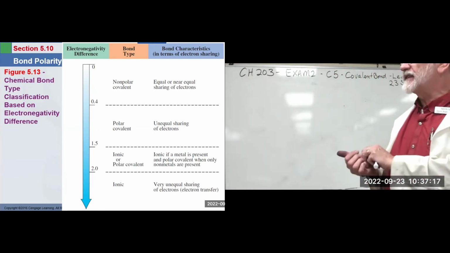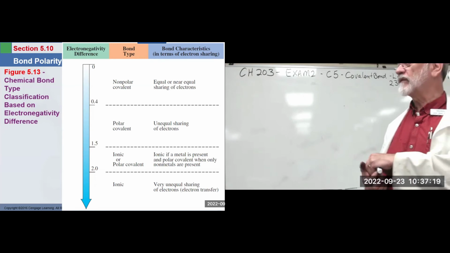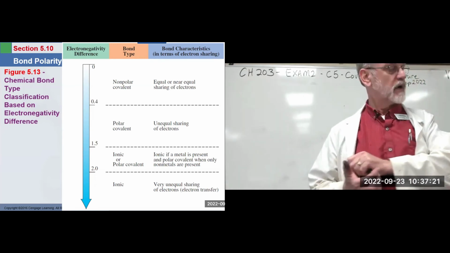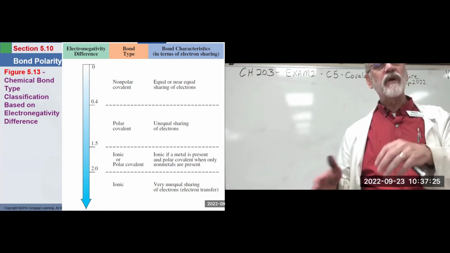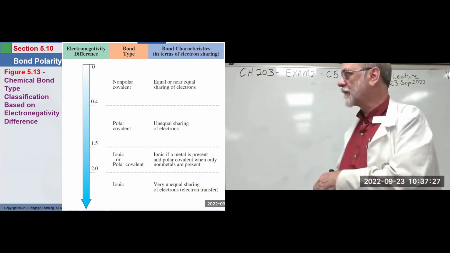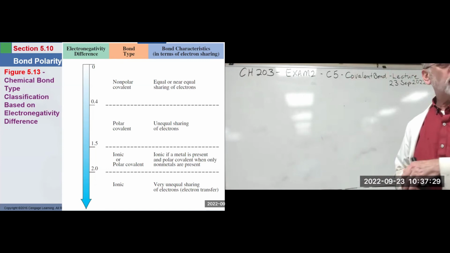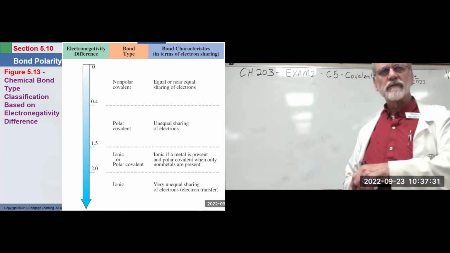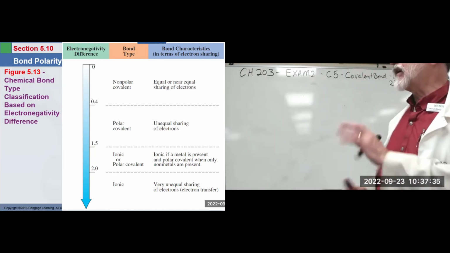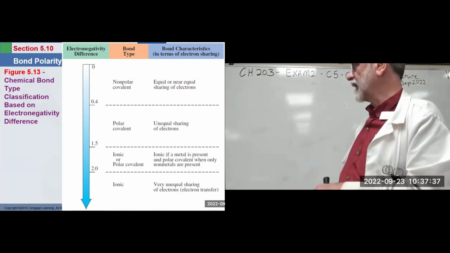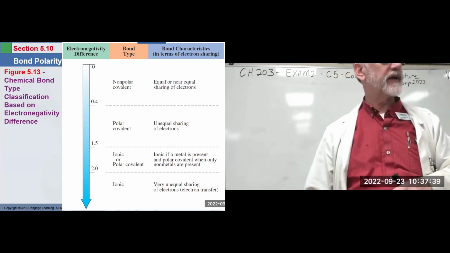If the difference between the two is between 0.4 and 1.5, we say it's a polar covalent bond. It's still sharing, but the bond is polar. Between 1.5 and 2, it has characters of both ionic and polar covalent.